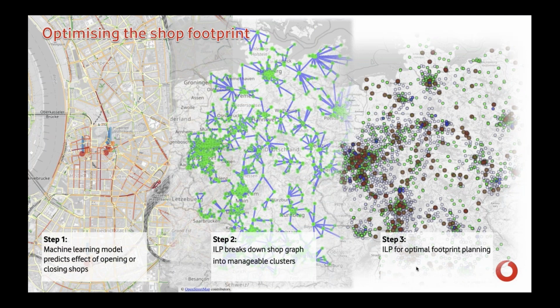Now, the next application area is the optimization of our shop footprint, and also related to our shop footprints in a moment, the question of how to reopen shops after the COVID lockdown. So finding a way to open as few shops as possible, but also serving as many customers as possible at the same time.